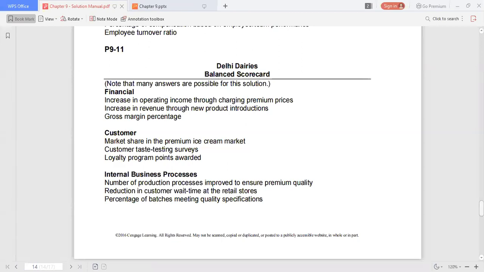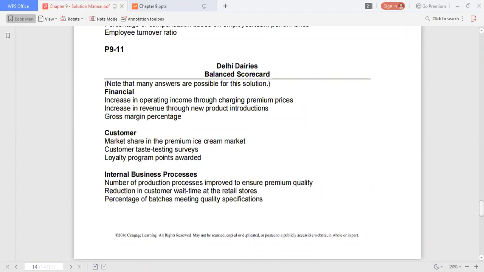So, financial, in the balanced scorecard, we have financial. So what may be included? Increase in operating income through charging premium prices. Then increase in revenue through new product introductions and gross margin percentage.